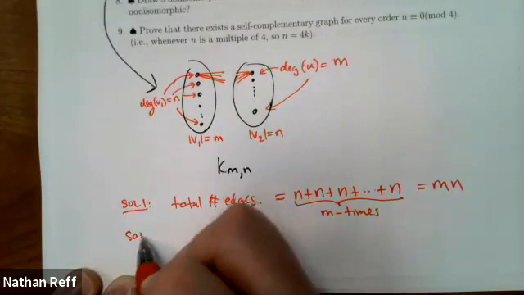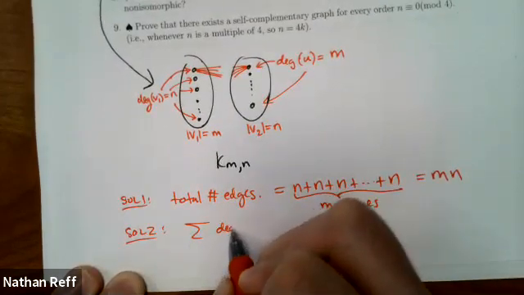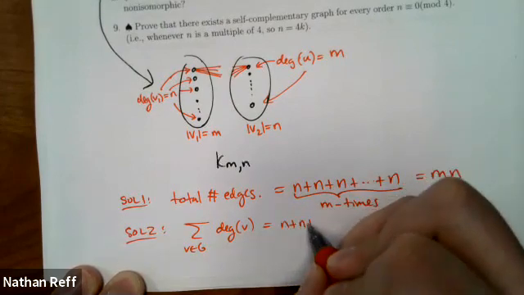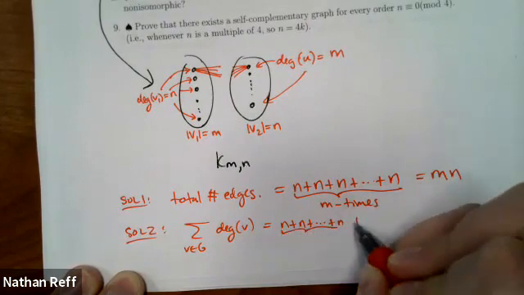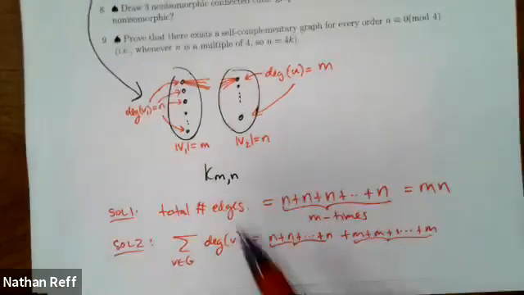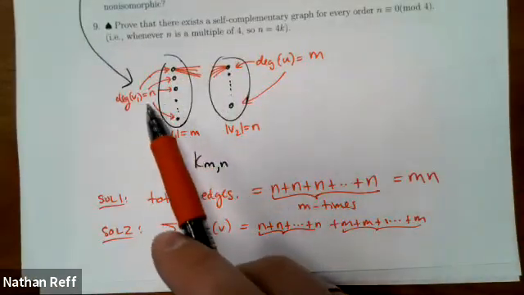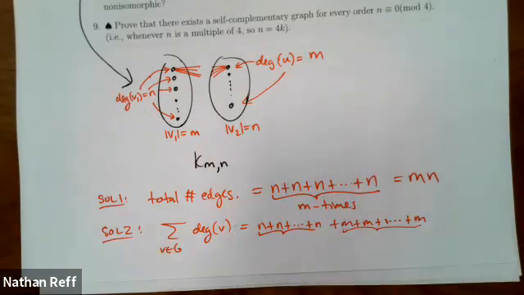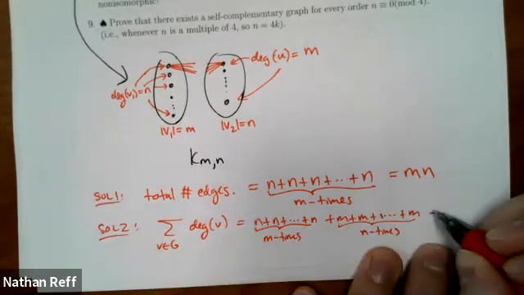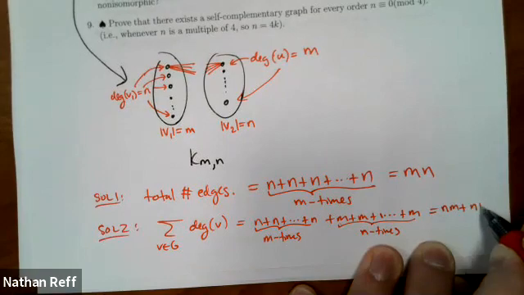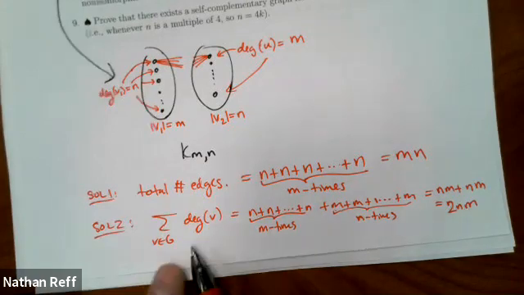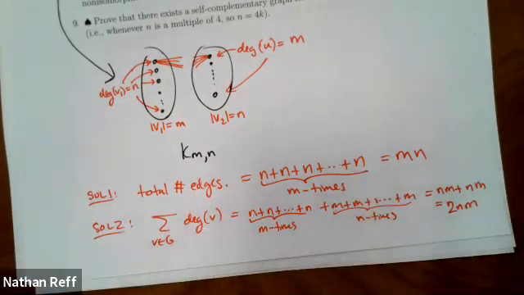So what's the sum of all the degrees in the graph? You're going to have N plus N, and so on, plus N, plus M plus M, and so on, plus M. Because I have all these degrees over here, which are all N's, and all these degrees, which are M's, and I have M of these, and I have N of these. So it would actually be NM plus NM, which is 2NM. But the handshaking lemma says that the sum of the degrees is 2 times the number of edges.